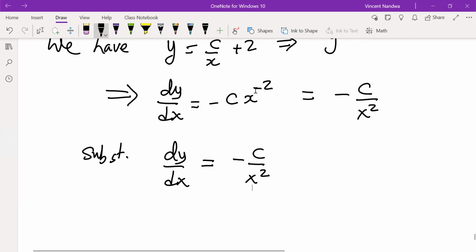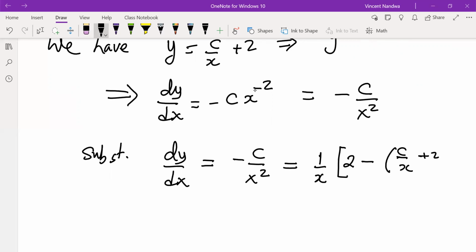And then we have to show that this is the same as 1 over x into 2 minus y, where y is given by c over x plus 2.